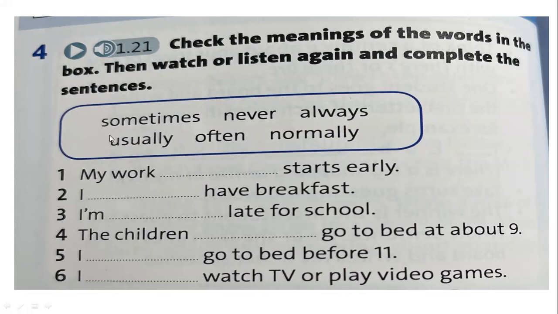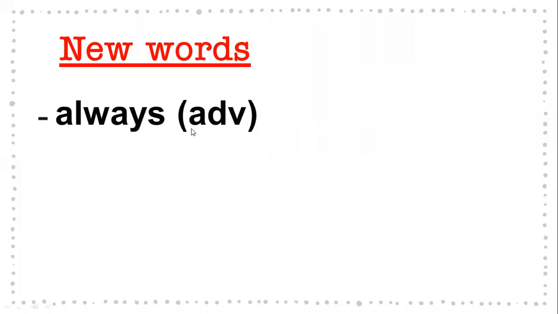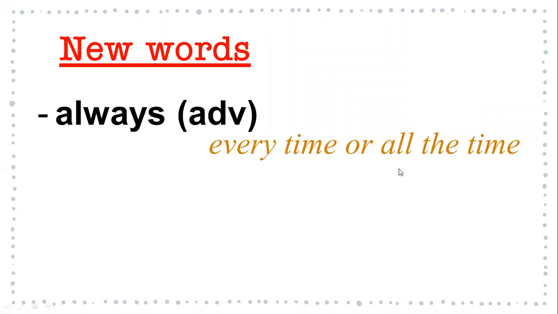Now, we have some adverbs of frequency: sometimes, never, always, usually, often, normally. Do you know the meaning of these words? Okay, now pay attention to the meaning of these words, please. Always, that means every time or all the time.